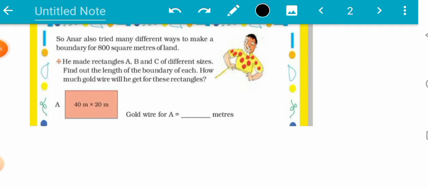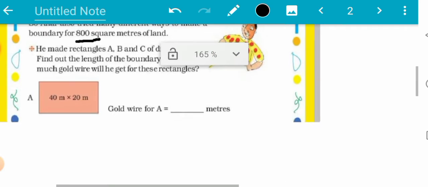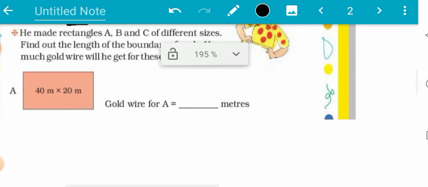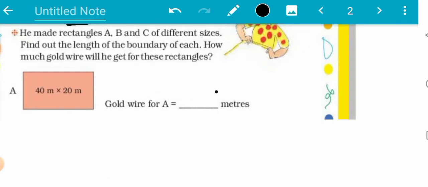So Anar also tried many different ways to make a boundary of 800 square meter of land. He made rectangles A, B, C of different sizes. Find out the length of the boundary of each. How much gold wire will he get for these rectangles?